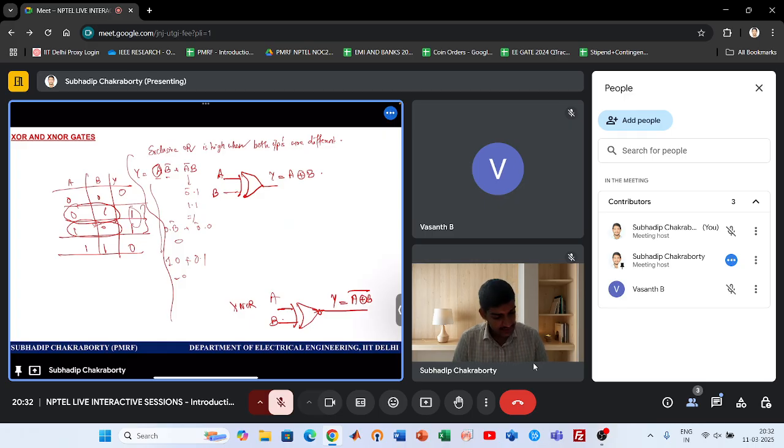Means that it is high when both are the same, either 0 or 1, right? So if you draw the truth table, when both are the same, right, then only it will be 1. Other places it will be 0. Just the complement of the XOR. Understood?